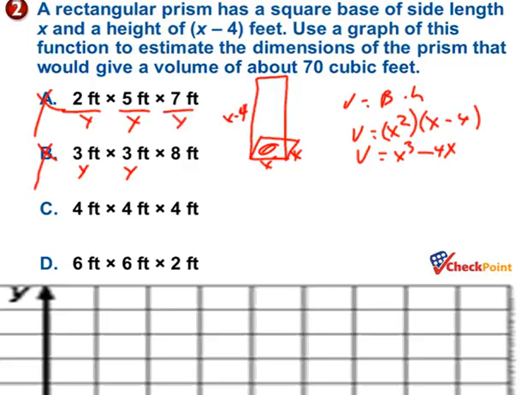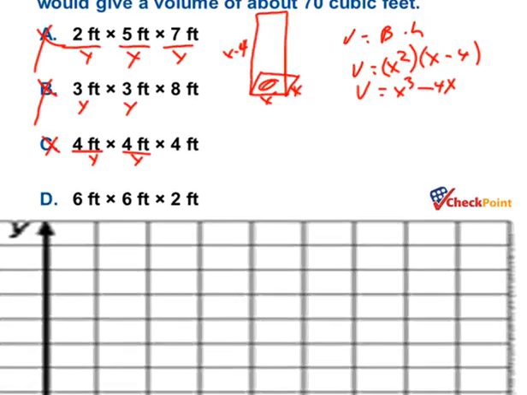I could have 4 feet by 4 feet, so x would be 4, x would be 4, and then 4 minus 4. You know what? That one doesn't work. The only one that's even possible is this one, where the x is 6, the other x would be 6, and then 6 minus 4 would be 2. So this at least fits the pattern of our equation.